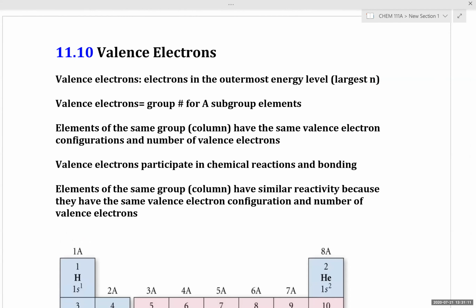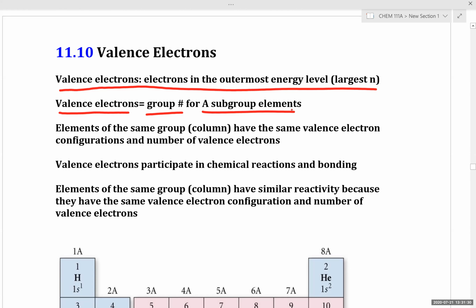Let's talk a little bit about valence electrons. Valence electrons are the electrons in the outermost energy level, the largest N. These are the electrons farthest from the nucleus. The number of valence electrons is equal to the group number for main group elements.